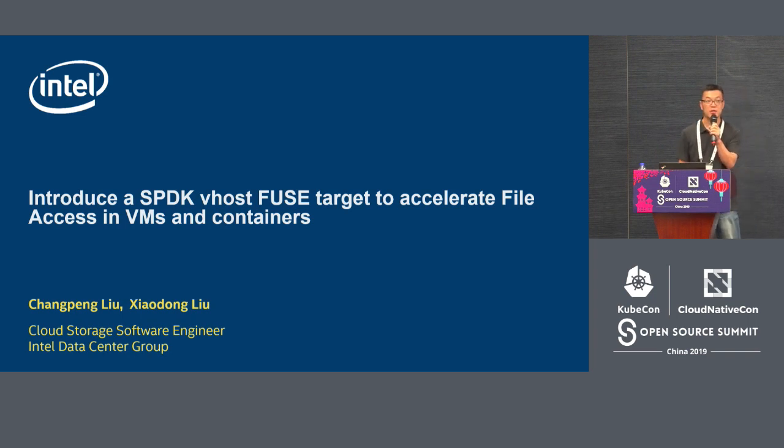Before we do these things, we want to tell you why you want to create a vhost fuse target. If you listened to the morning session, or if you have used containers or VMs with 9pfs, maybe you will be more familiar.